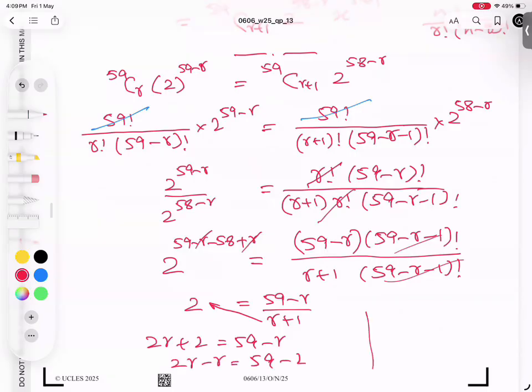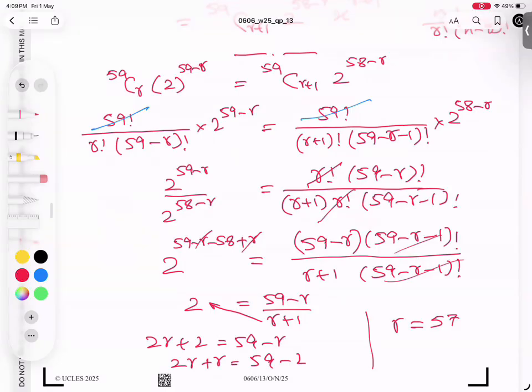I got r is equal to... let me check once again. This r goes there, becomes plus 3r. Sorry, this is a plus.